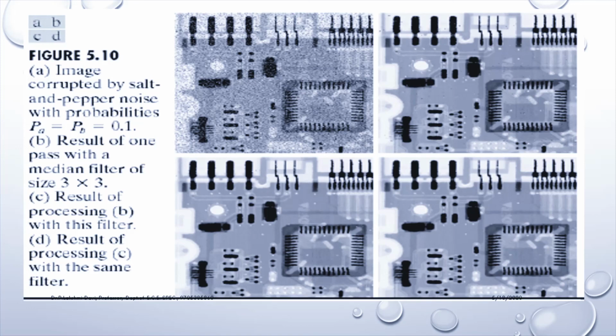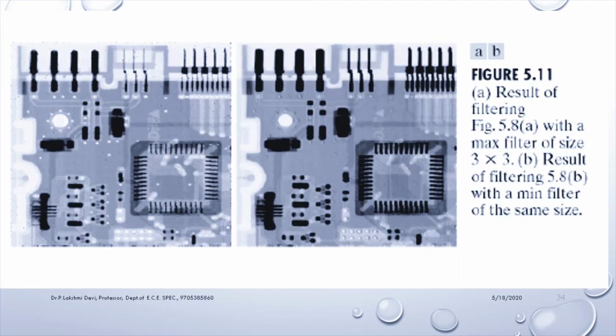Now by observing these two images we are in a position to understand the result of filtering. This A is with a max filter of size 3 by 3. This is the result of filtering with a min filter of the same size 3 by 3. With the max filter, most of the white dots are more visible, but most of the black dots are more visible in the min filter.